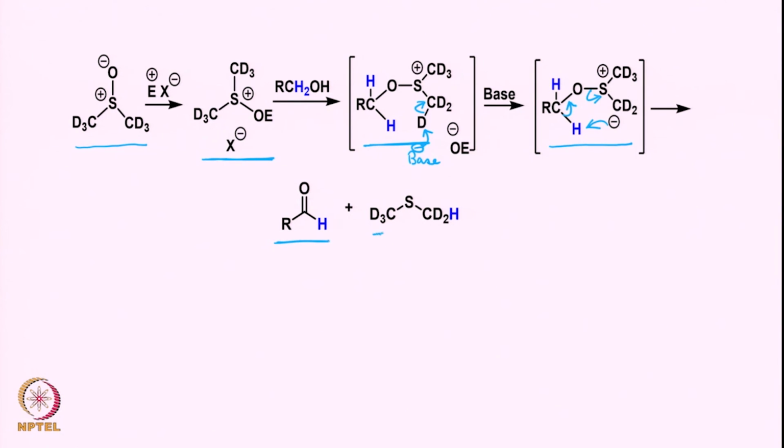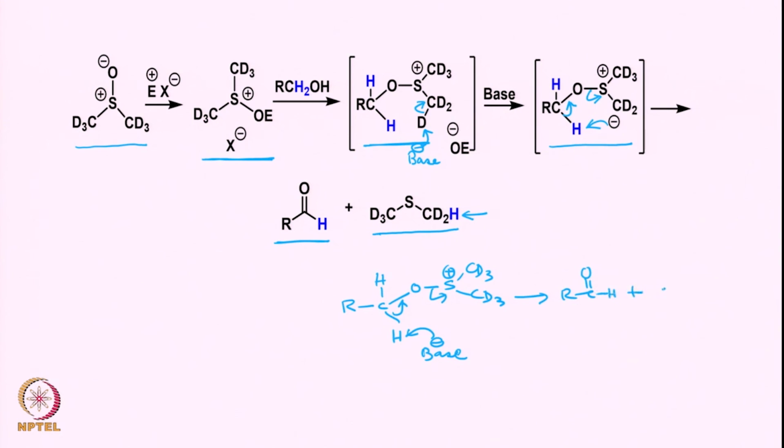But then the dimethyl sulfide which has come out contains the hydrogen rather than the deuterium. The other possibility we can think of, without involving intramolecular removal of a proton, is that if it is intermolecular, then the base can pick up the hydrogen from here and one can get the oxidation, giving RCHO plus the DMS that is formed should be this.